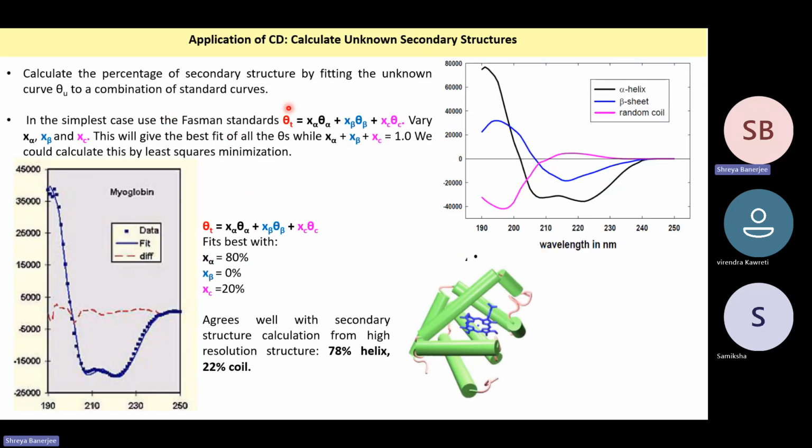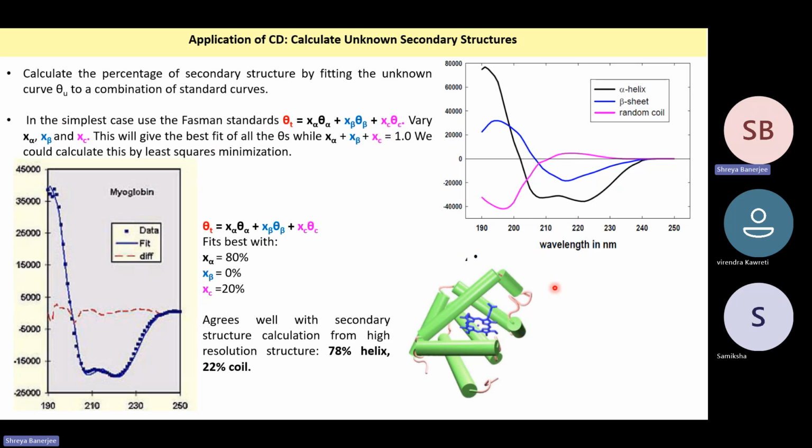In order to calculate how much alpha helix and how much beta sheet is there, there are different fitting softwares. So imagine the net CD that you are observing, the theta that we are plotting on the y-axis, which is the ellipticity. This is the total theta. There is some contribution from alpha helical structure, which is the first term, some contribution from beta sheet structure, the second term, and some contribution from the random coil structure, the third term.